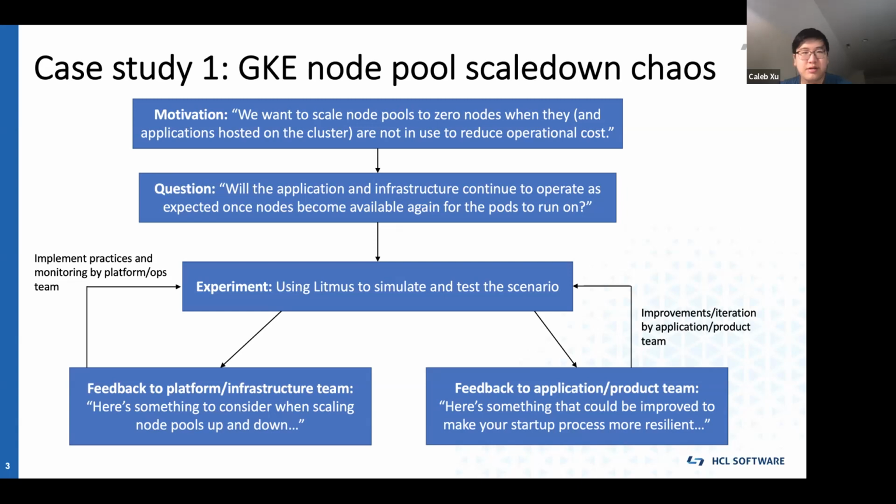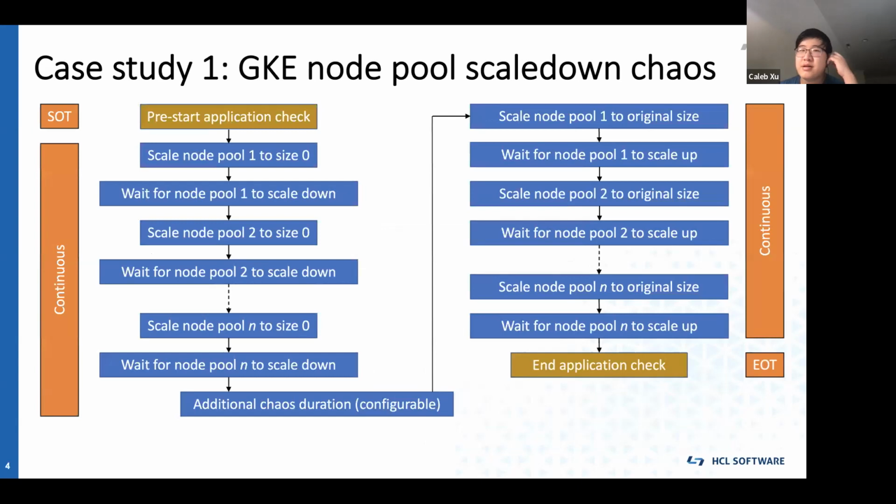Just to go a bit more in depth, this was an experiment that wasn't provided out of the box by the existing LitmusChaos library that is open source. So for this experiment, we built off of the existing Litmus SDK. It's written in Golang, so we created a custom experiment runner image and use that with our chaos experiments.